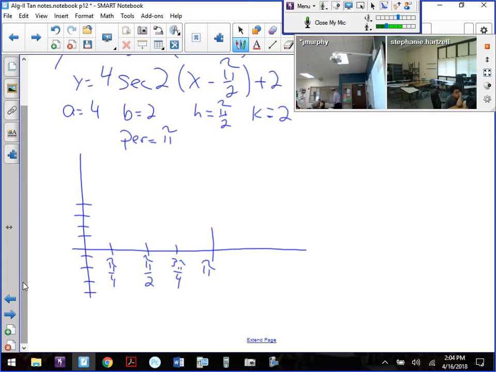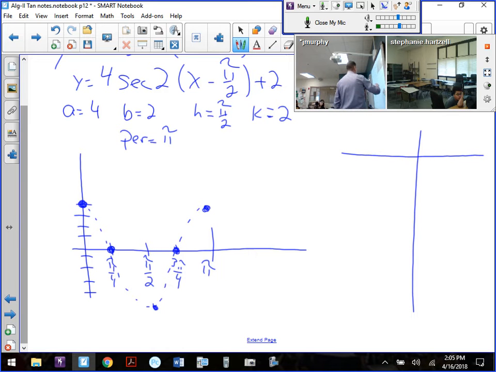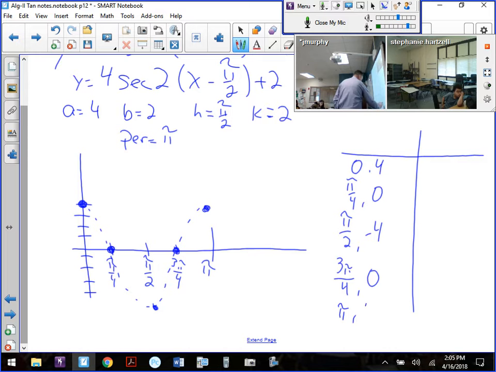Does cosine start at A or does it start at 0? When you get going to your ordered pairs, it usually works out rather quickly.